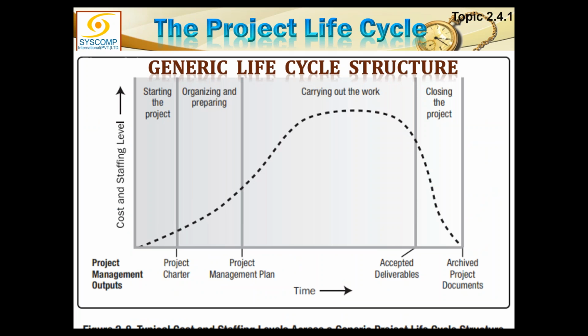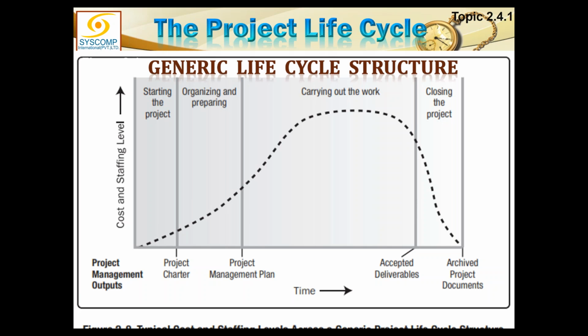This is how this generic life cycle can be diagrammatically shown. You see the line which is drawn here, the curved line. This is showing against time and cost, or you can say cost and staffing level are on one side and time is on the other side.